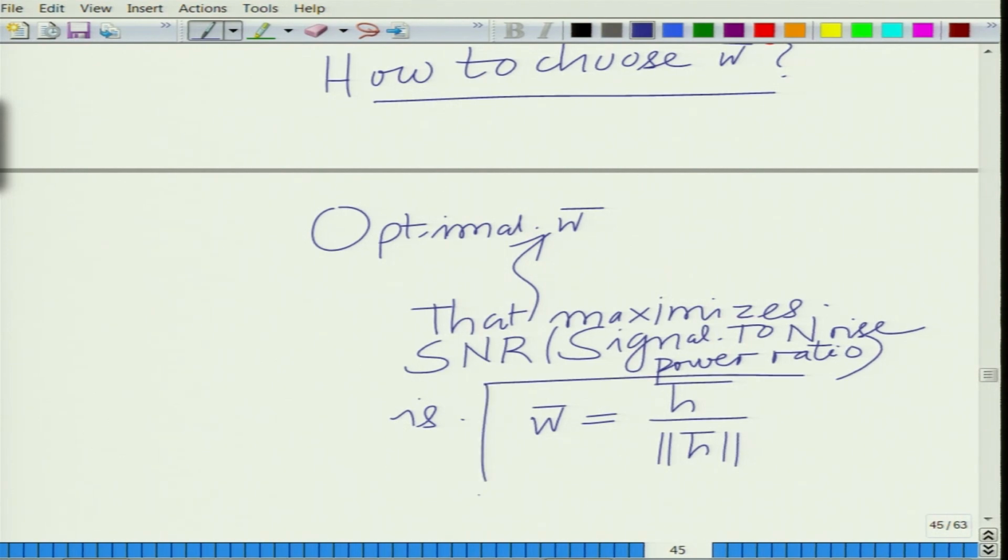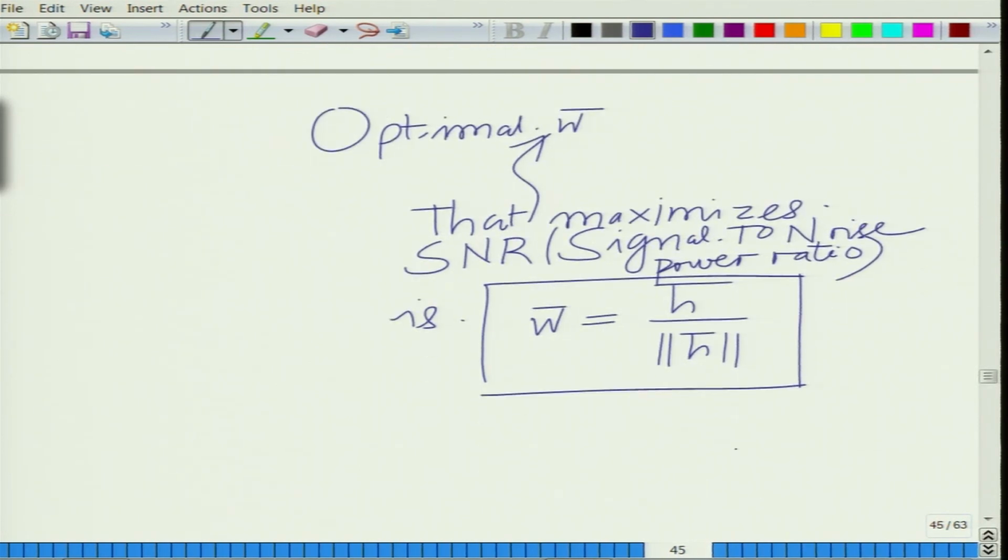You see, this has a very interesting property. This is basically similar to the channel vector, but normalized, that is unit norm. This is a unit norm vector, and it is matched to the actual channel vector, that is H bar. So, this is also known as a matched filter.